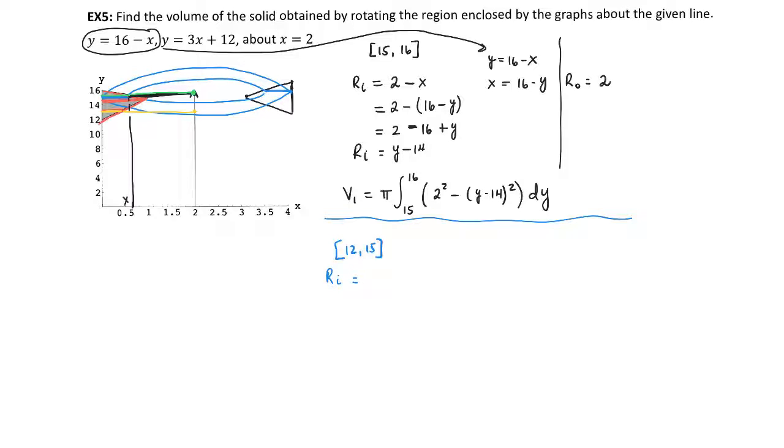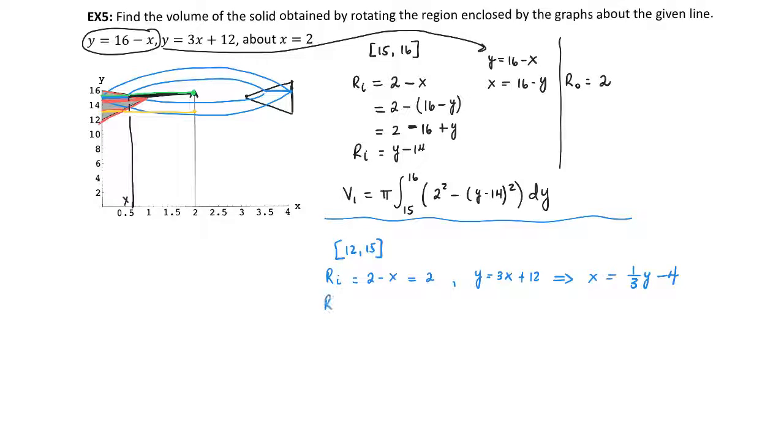We're going to have 2 minus an arbitrary x, but now instead of using the line with negative slope, we're going to use the line with a positive slope. That means y is equal to 3x plus 12. Whenever we solve for x, x is going to be equal to 1/3 y minus 4.